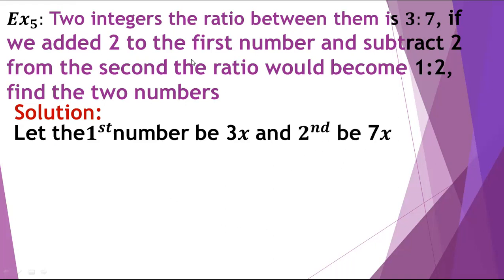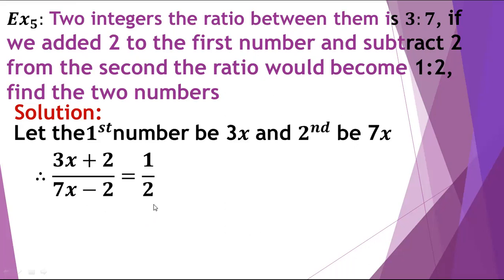If we add 2 to the first and subtract 2 from the second, the ratio becomes 1 over 2. That means 3x plus 2 over 7x minus 2, the ratio becomes 1 over 2. As we said before, the product of means equals the product of extremes.